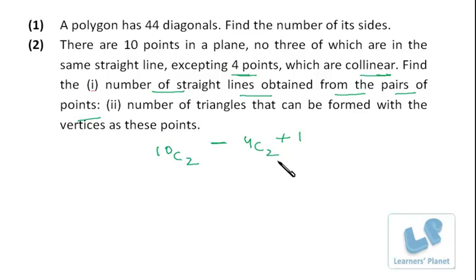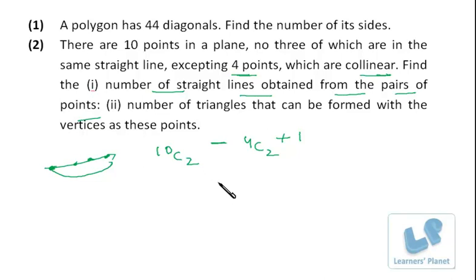But we will be getting one and exactly one line if I match these 4 points. So I added that, because while deducting this 4C2, I eliminated all the combinations, the combination of this and this also. But we will be getting one line if I match this with this. So plus 1. So in all, these are the number of lines.